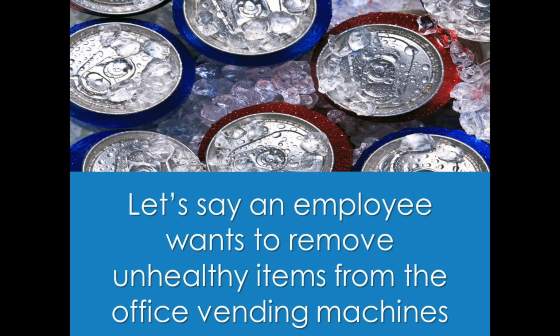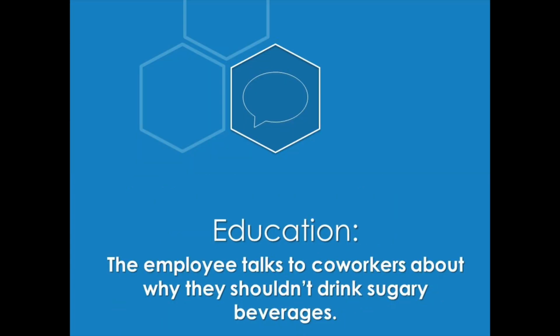To show the different ways policy, system, and environmental change can be used to address a community problem, let's walk through an example. An employee wants healthier choices to be stocked in vending machines at their workplace to increase healthy food options. As a first step, the employee might educate coworkers on the importance of healthy snacking to reduce consumption of unhealthy products from the vending machine.